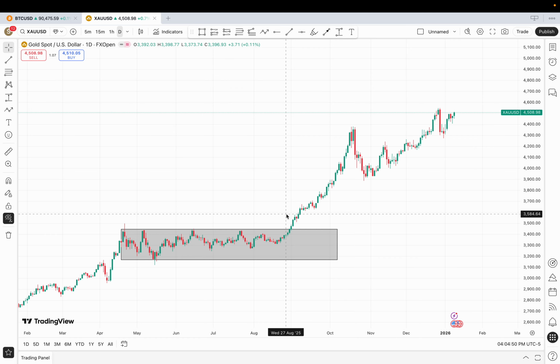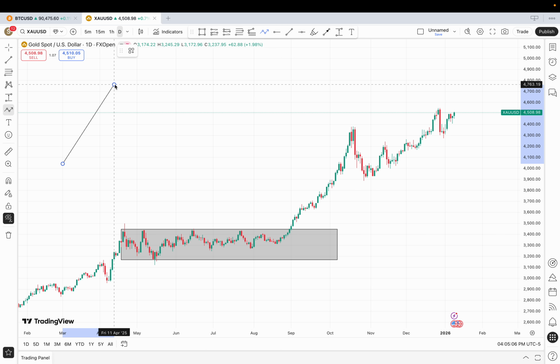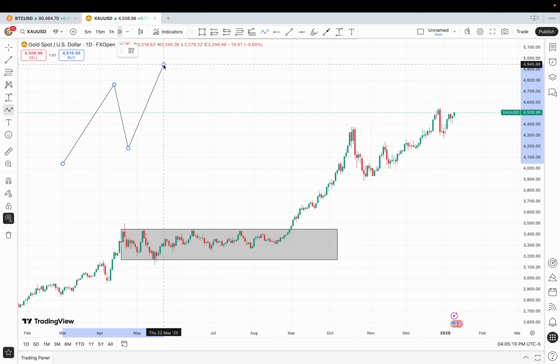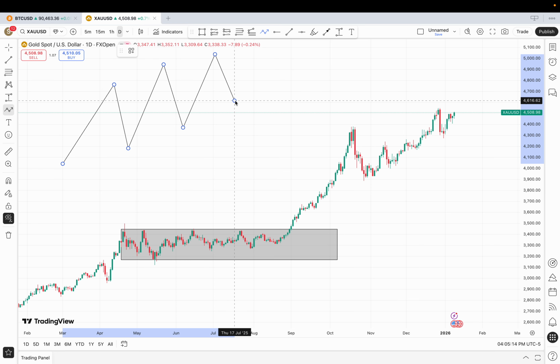Before you start analysis, first of all you have to look for the market structure. When identifying market structure, we identify the higher high. This is how it looks: higher high, higher low, higher high, higher low, higher high, higher low.